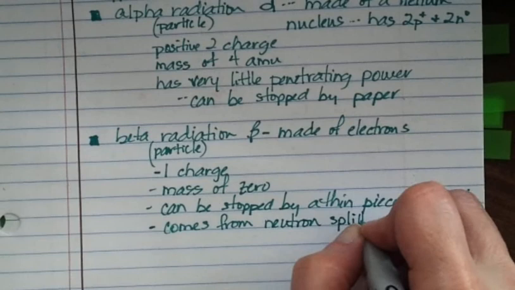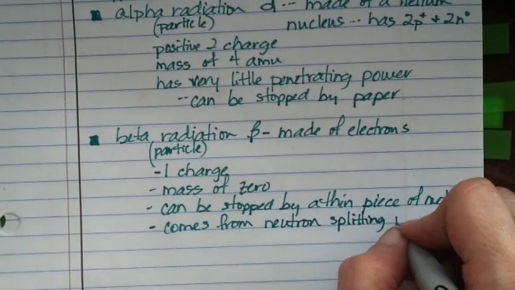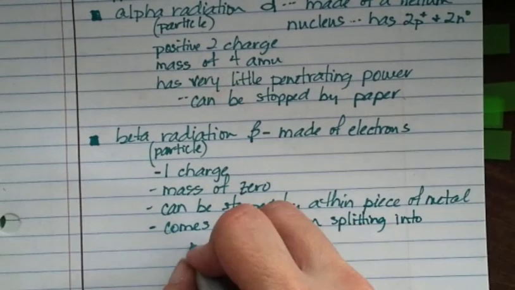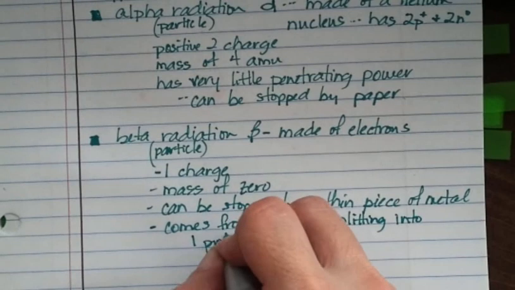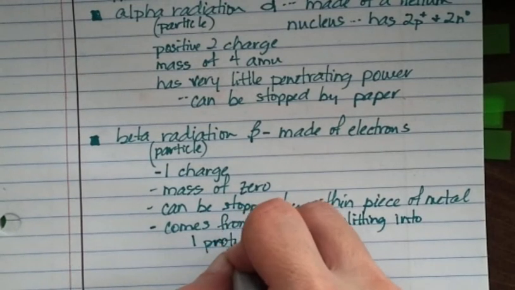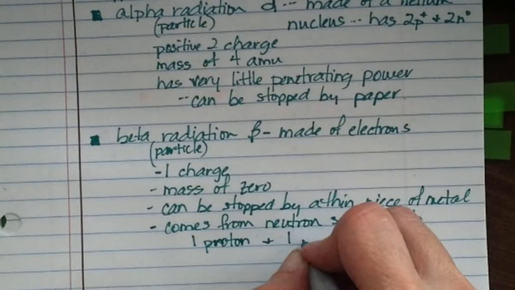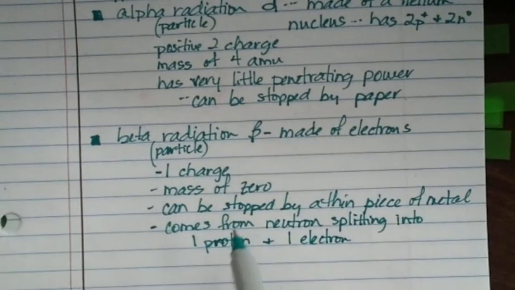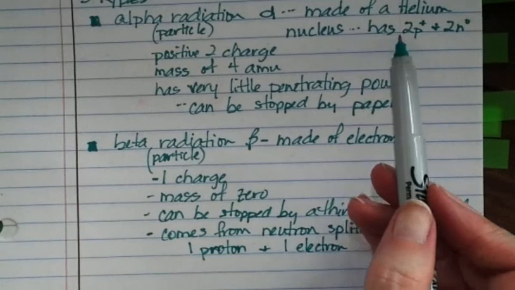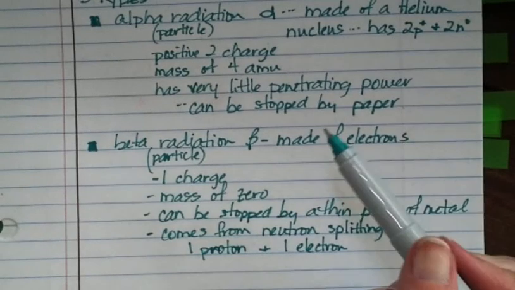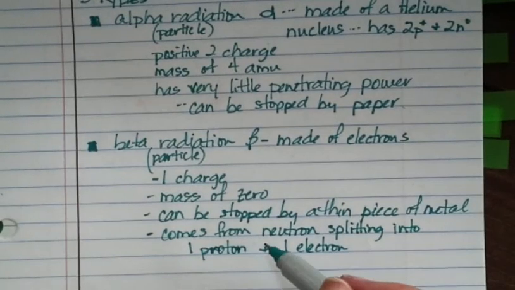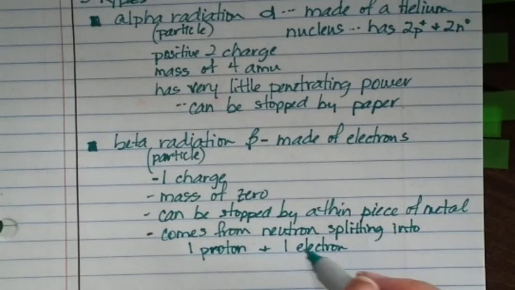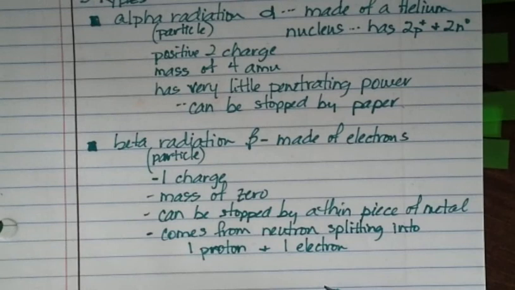Which is just weird. So we can't get an alpha particle that way because alpha particles are made of 2 protons and 2 neutrons. But we can get a beta particle when you take a neutron and it splits into 1 proton and 1 electron. So when you think about it, the neutron is somehow made of a proton and an electron that's melded together in that sense.